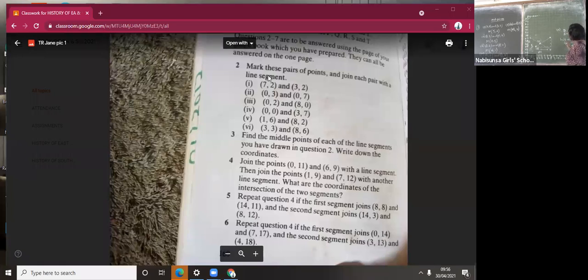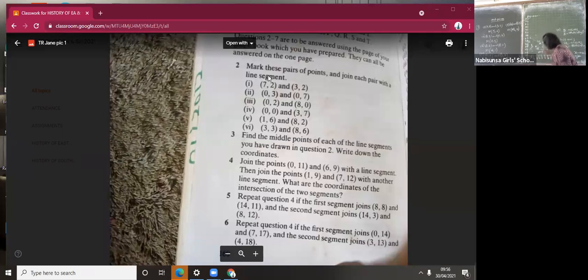2.5 across, and 1.5 vertically. So from the starting point we move 2.5 across and 1.5 vertically.